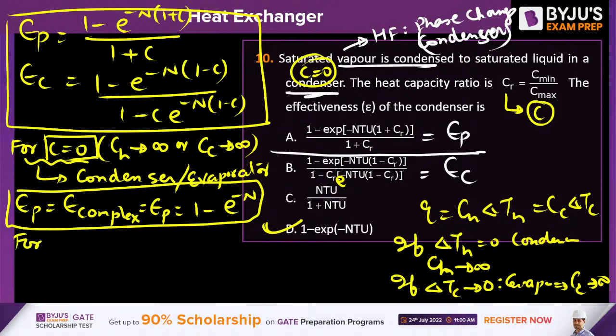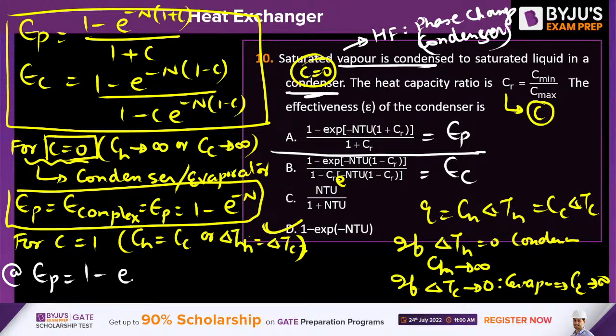But for C is equal to 1, when CH is equal to CC or delta TH is equal to delta TC, if we put the value C is equal to 1 in parallel flow, then you will get 1 minus e to the power minus 2NTU by 2. And for counter flow, you will get 0 by 0 form.